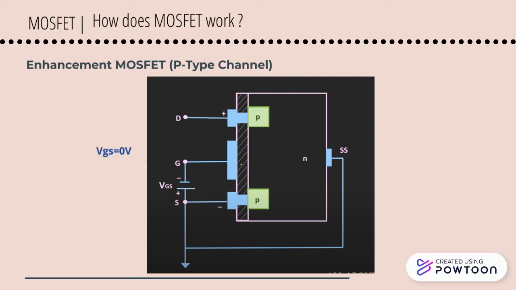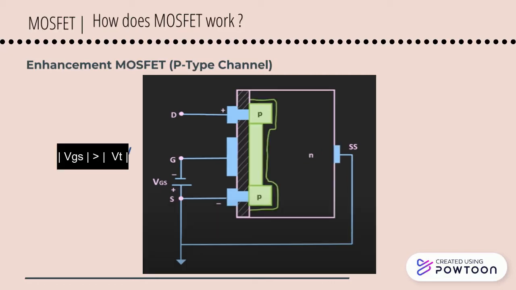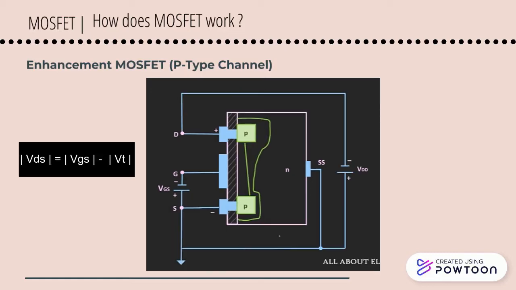Mathematically, we can say that the channel will be formed whenever this voltage VGS is greater than the VT. But here, all the voltages will be negative. The current starts to flow through the channel when the VDS is applied between the drain and the source terminals. For the P-channel MOSFET, the pinch-off condition will occur whenever this voltage VDS equals VGS minus VT. But here, all the voltages will be negative.